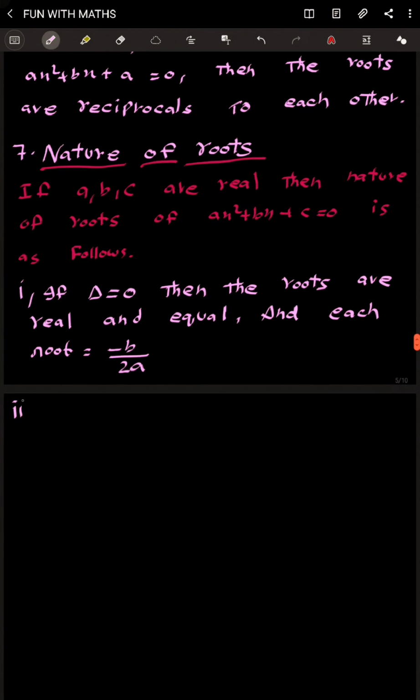And in second case, if delta is less than 0, then the roots are imaginary and conjugate to each other.